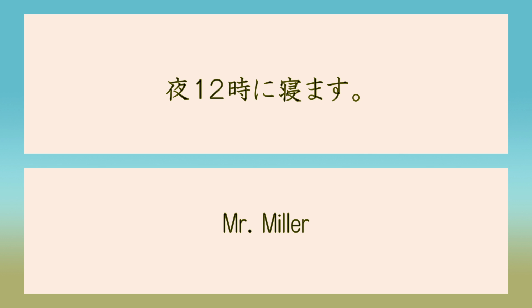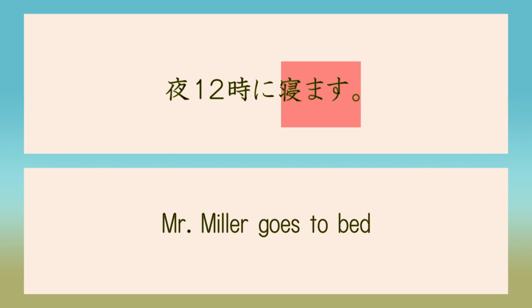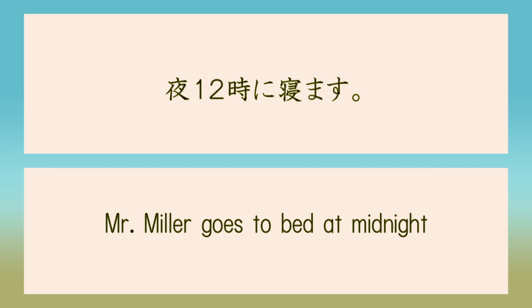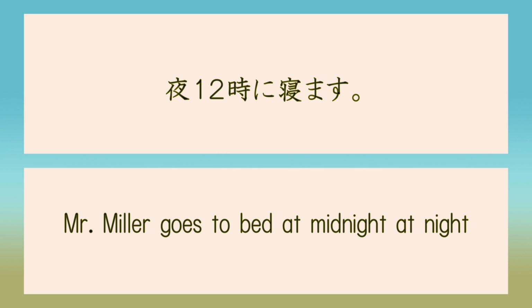The last sentence of the first paragraph, Yoru 12時に寝ます. So again, we are talking about Mr. Miller. We don't have the topic, so we are gonna use Mr. Miller again. Nemas is the main verb, to go to bed or sleeps. He sleeps or he goes to bed, and then we go backwards. 12時に, at midnight, 12 o'clock, and then we have Yoru, which is at night. So he goes to bed at 12 o'clock at night.